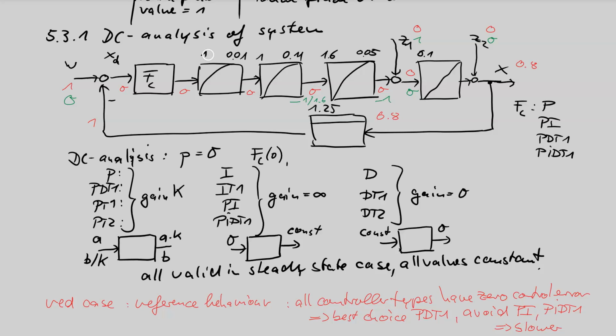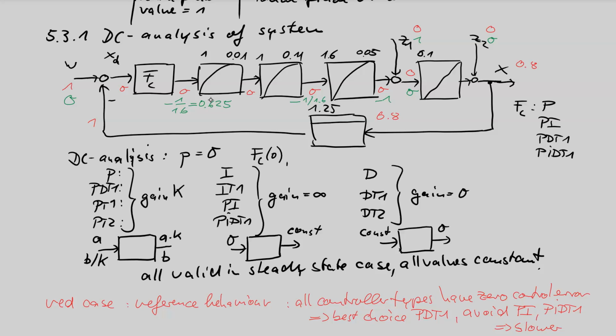This, caused by the gains of these controllers, goes down to the output of the controller. The output of the controller is -1 divided by 1.6, which is 0.625. Okay. And now, what happens with the controller? Now the input, the control difference of the controller, depends on the gain of this type of controller.